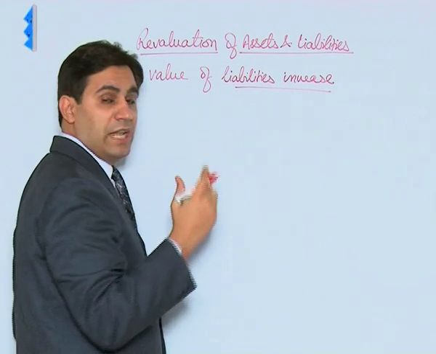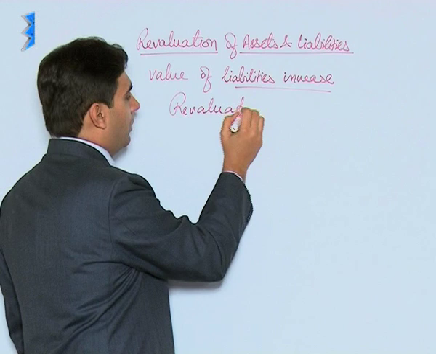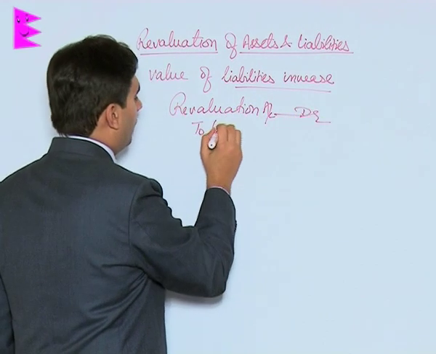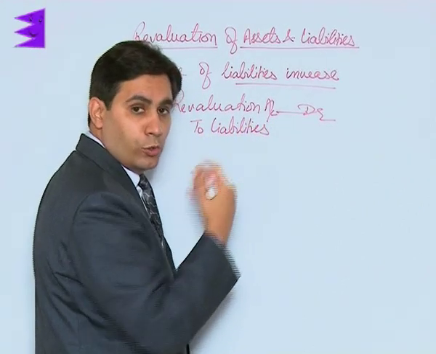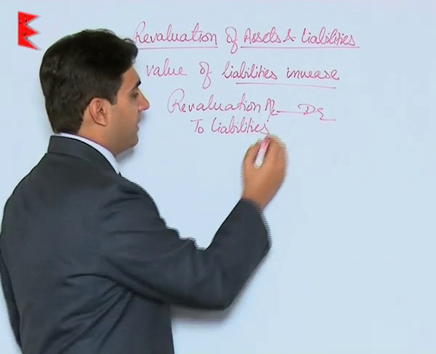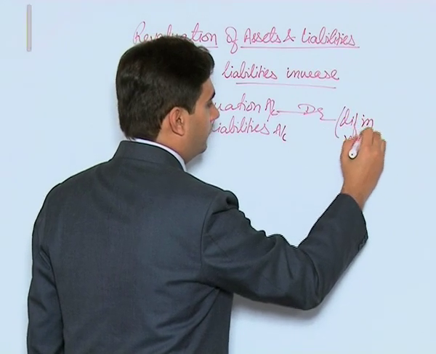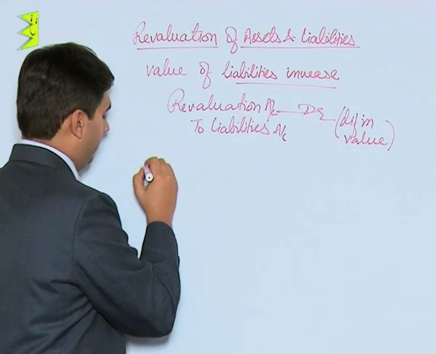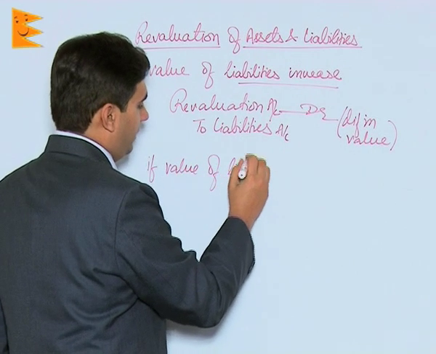Now students, if the liabilities are increasing, the entry would be revaluation account debited to liabilities by their names. Let's say it's loan, so to loan account. If it's outstanding wages, it would be to outstanding wages, etc. Again, it is the difference in the value that is recorded.